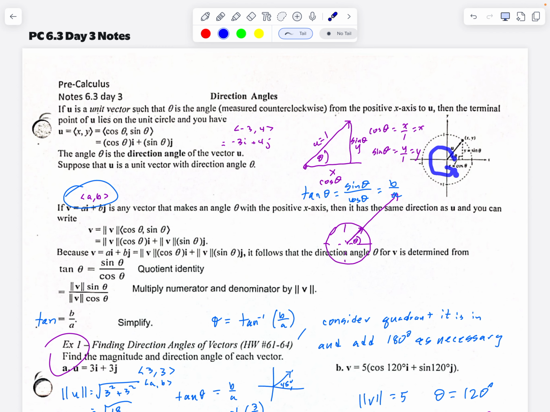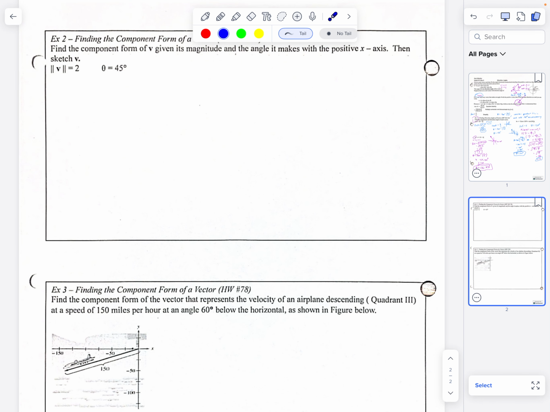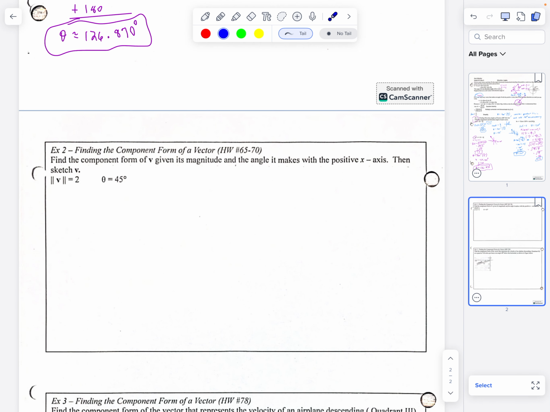And so 45 degrees, if it's not one on the unit circle, then use your calculator. But these are unit circle values that you know. And as you distribute the 2, you get a root 2 i plus a root 2 j. And so the component form is root 2 comma root 2.